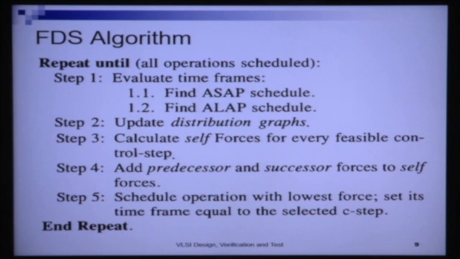Then we update distribution graphs. We will understand what distribution graphs are. Then we will calculate self forces for every feasible control step. Then we will calculate predecessor and successor forces. After calculating the self forces, predecessor forces and successor forces, we will find out the total force, and we will schedule the operation with the least force.